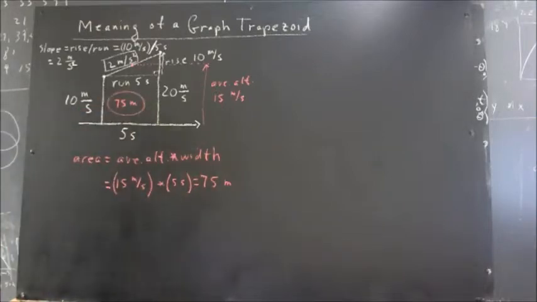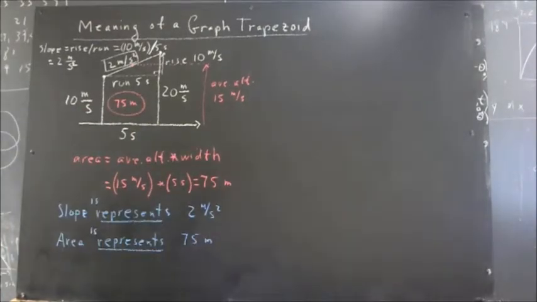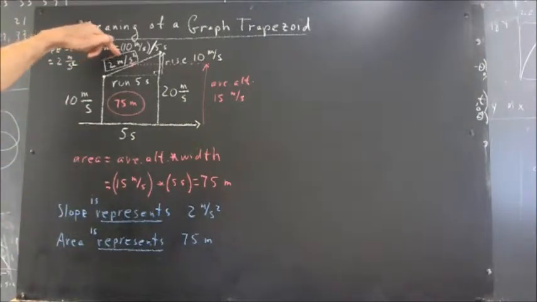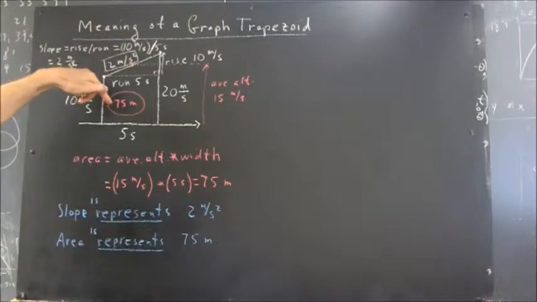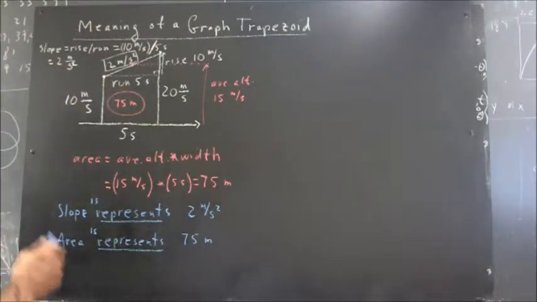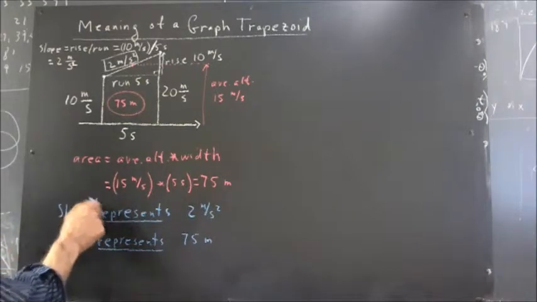Now, an important piece of terminology that I won't always follow: I just said the slope is 2 meters per second squared, the area is 75 meters. The word "is" is not actually appropriate here.